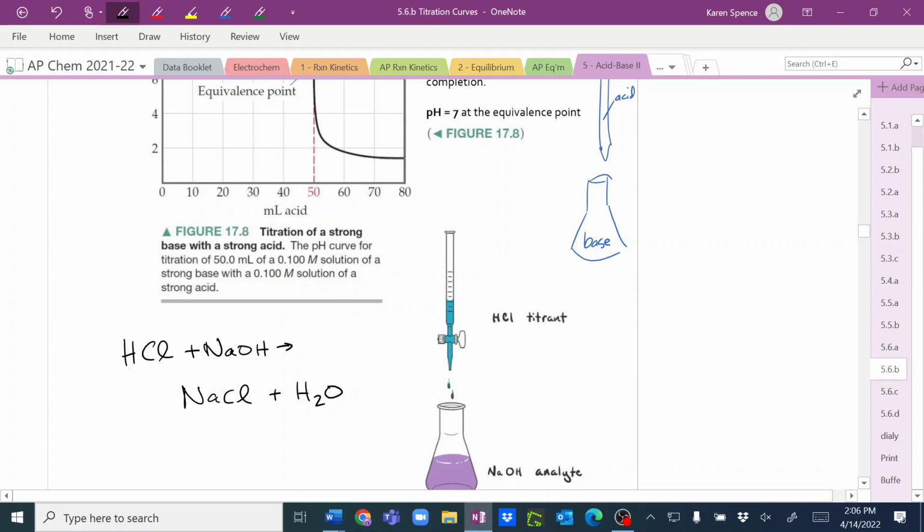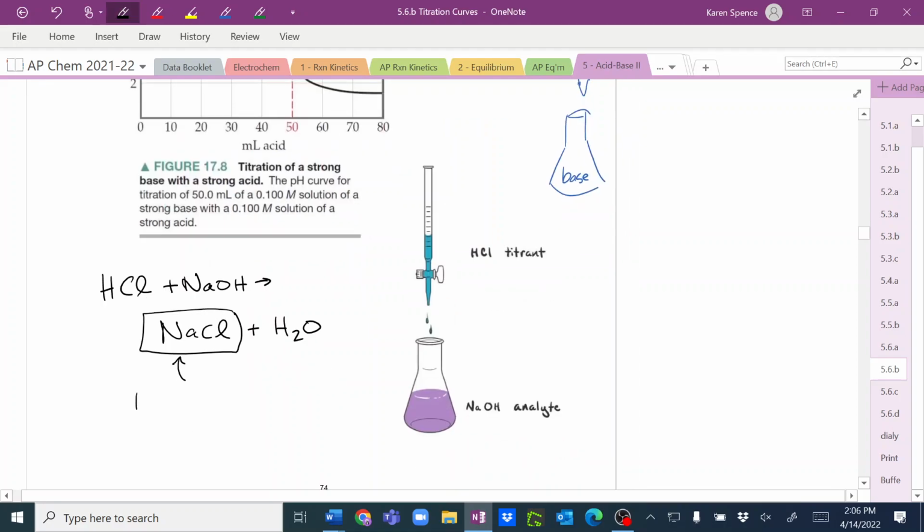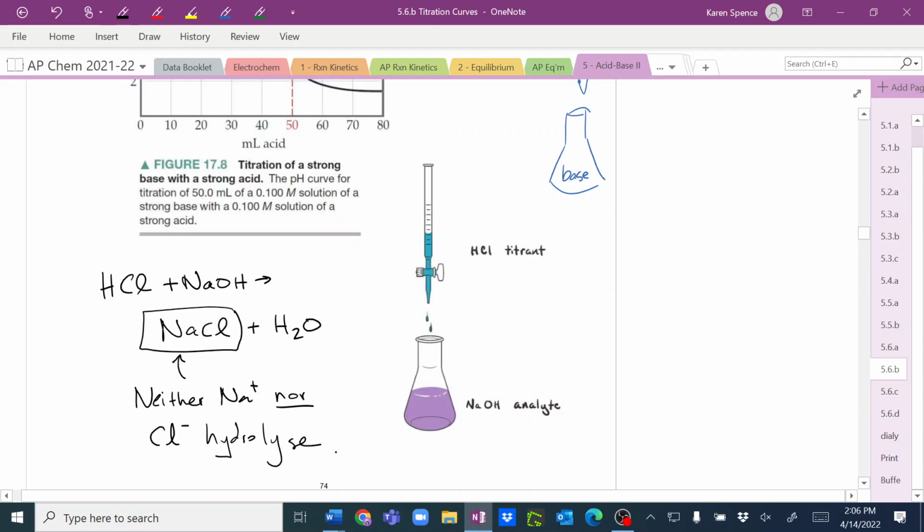The product of that is this salt, and neither Na plus nor Cl minus hydrolyze. And therefore the pH is 7 at the equivalence point.